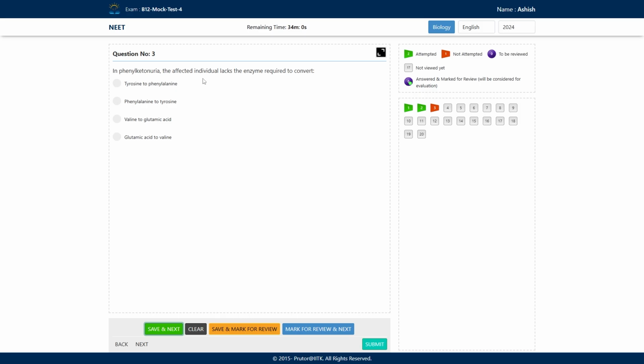The name of the enzyme is phenylalanine hydroxylase, and this enzyme converts phenylalanine to what? Does it convert tyrosine to phenylalanine? Does it convert phenylalanine to tyrosine? Or does it convert valine to glutamic acid or glutamic acid to valine? So you have to tell the function of this enzyme. What will be the correct answer?